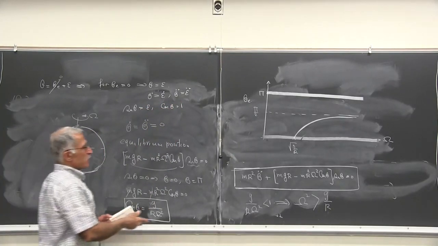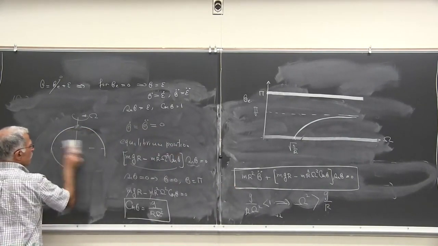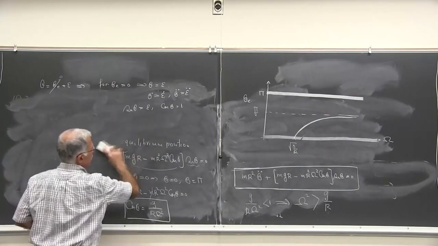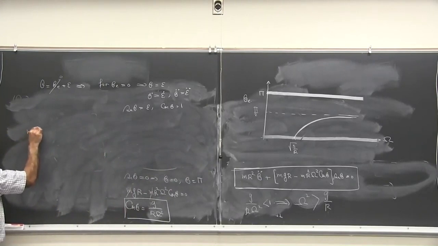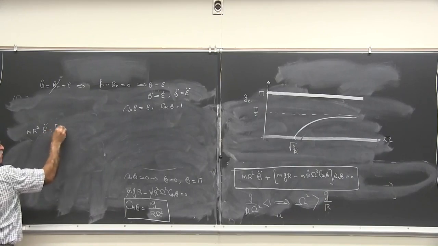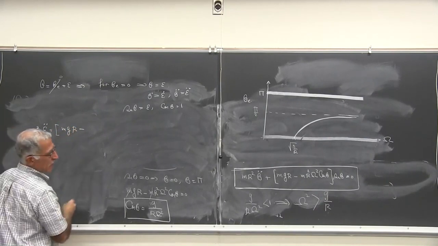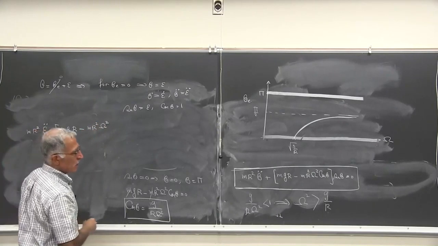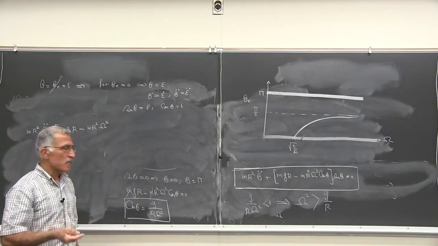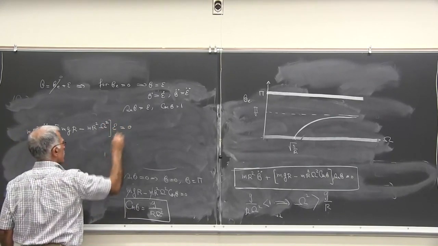If I go back and put this into the differential equation to see what is happening, my equation becomes m r squared epsilon double dot plus m g r minus m r squared omega squared cosine theta, which is 1, times epsilon.